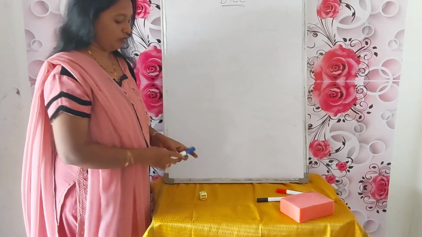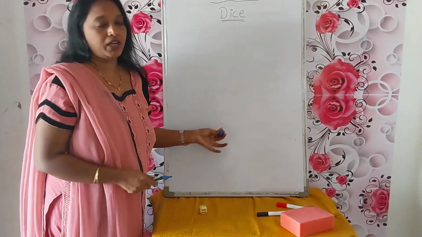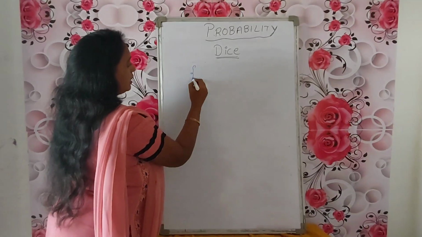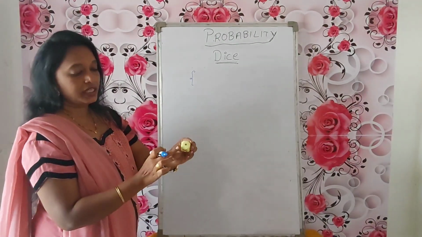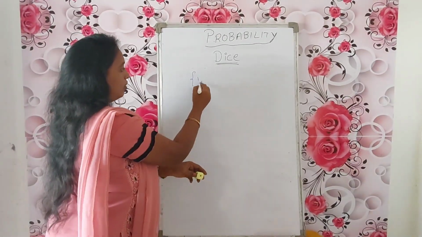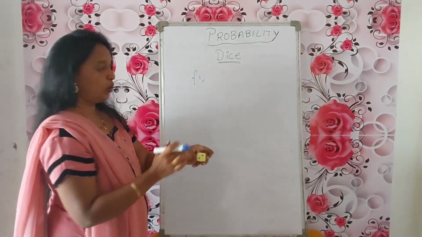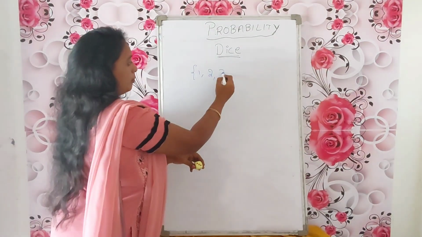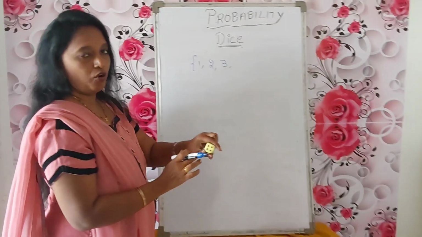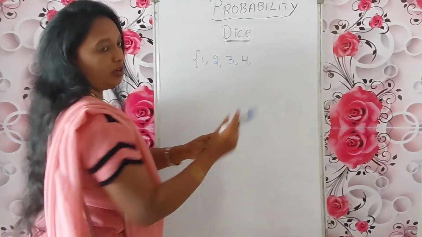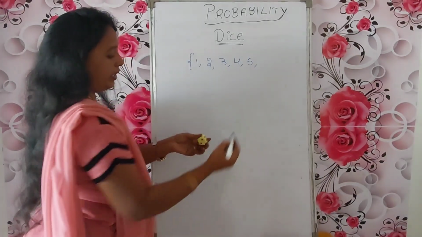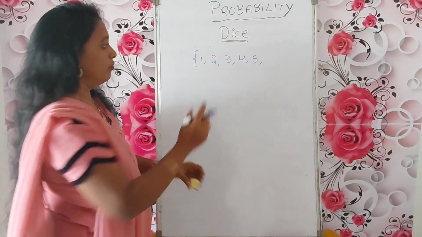Now, what are the possibilities when I throw the dice? The first possibility is I may get 1 or I may get 2, or else I may get 3 or I may get 4, or else I may get 5 or I may get 6.